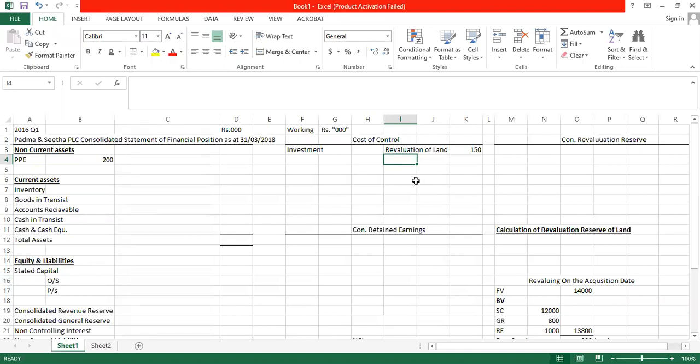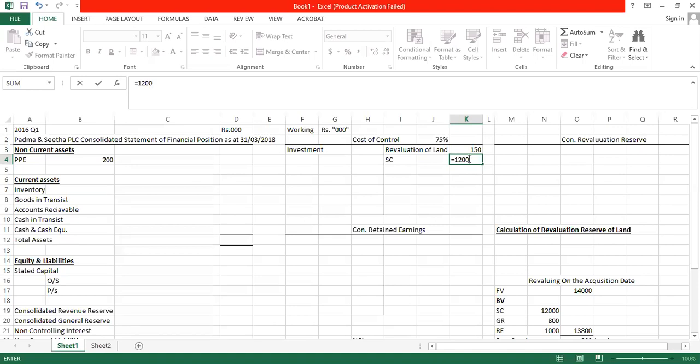The stated capital here and the general reserve and the retained earnings. From the stated capital, we own only 75%. So our stated capital is 12,000.